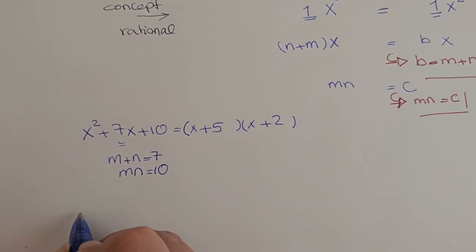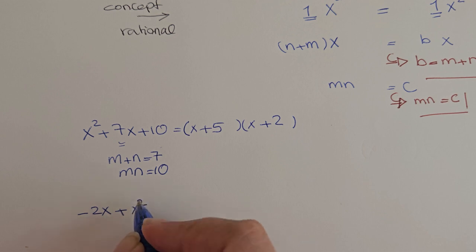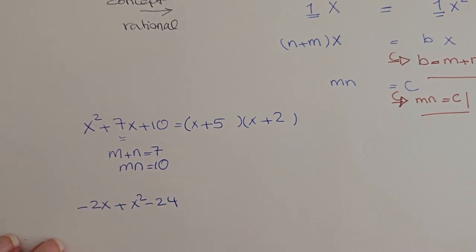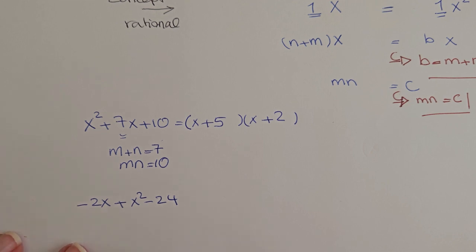Okay, the other example here is negative 2x plus x squared minus 24. Now I still have a trinomial. The biggest exponent is 2, so it's a quadratic, and I'm asked to factorize it.